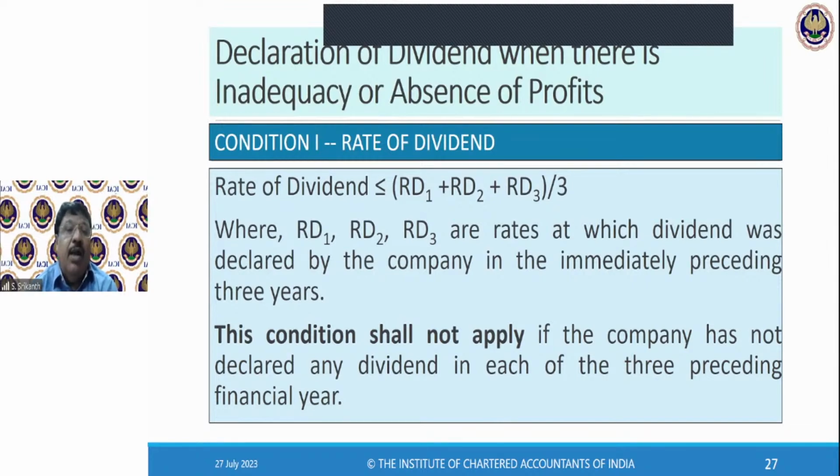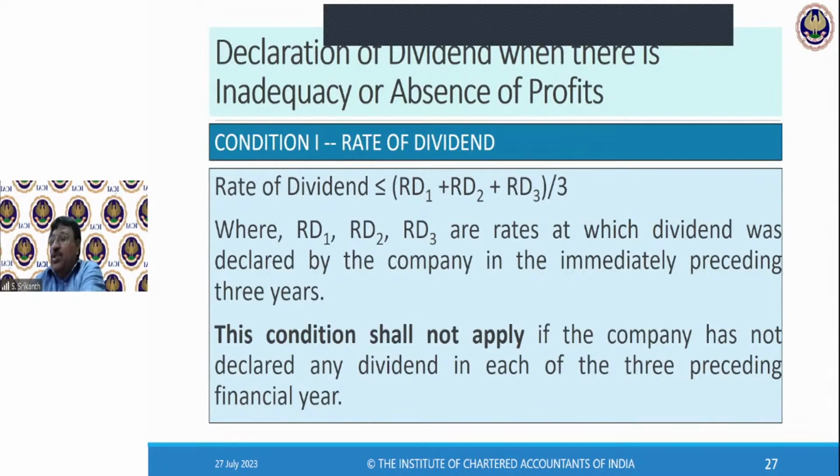So RD1, RD2 and RD3 are the rates at which dividend was declared by the company in the immediately preceding 3 years. In the old law, this was 5. Now it is 3. The earlier law, it was 5 years average. Now they have made it 3.